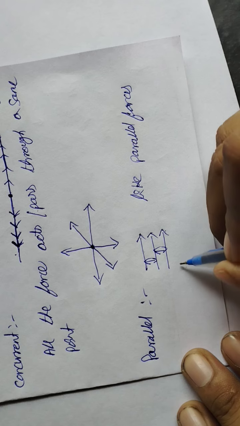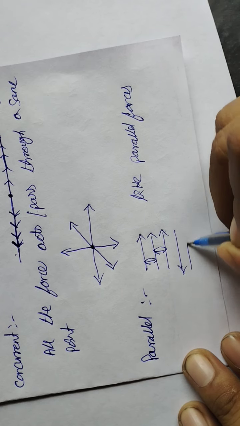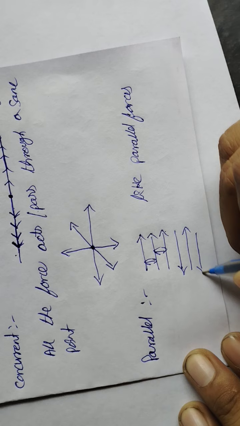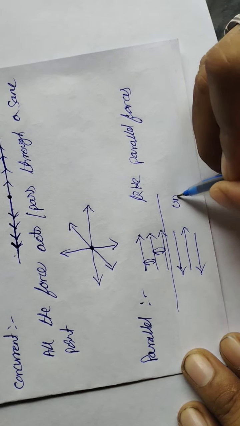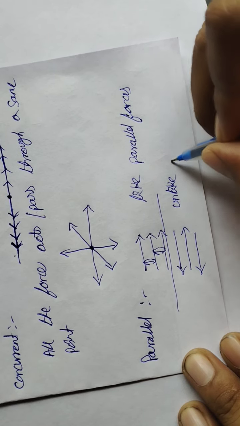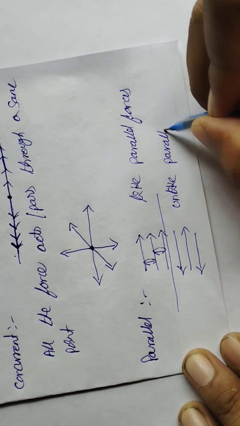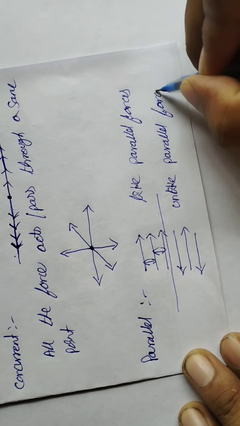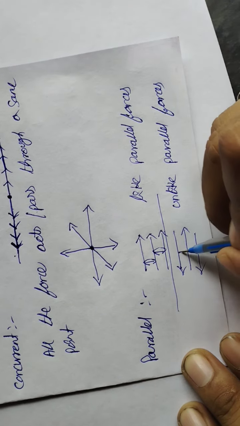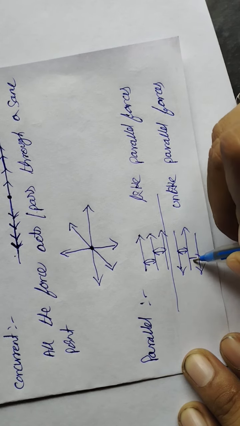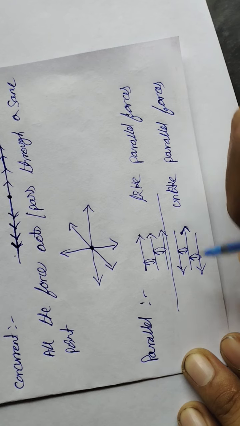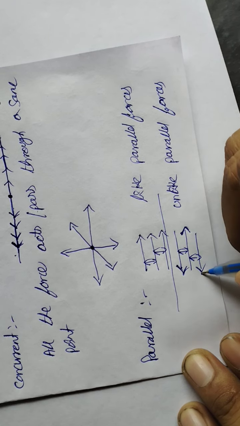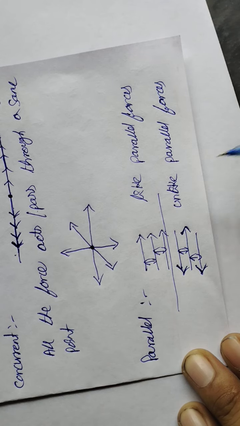If the direction of all the forces is not the same but they are parallel, then they are called unlike parallel forces. If you see here, forces are parallel to each other, but the directions of application are not the same, so they are called unlike parallel forces.